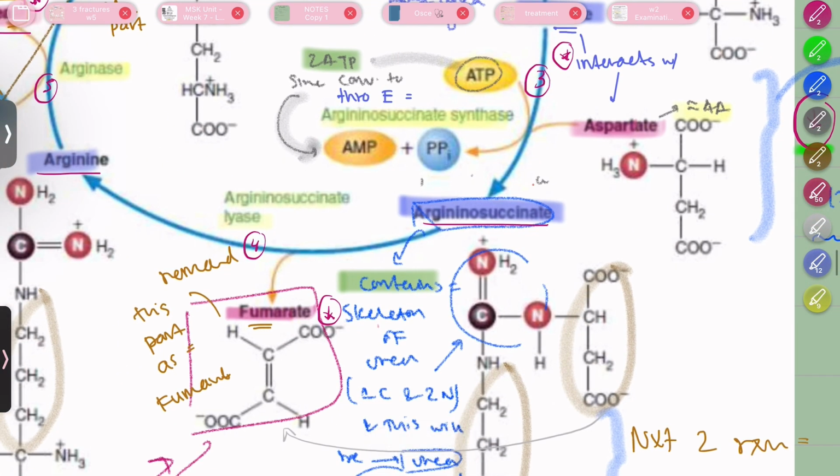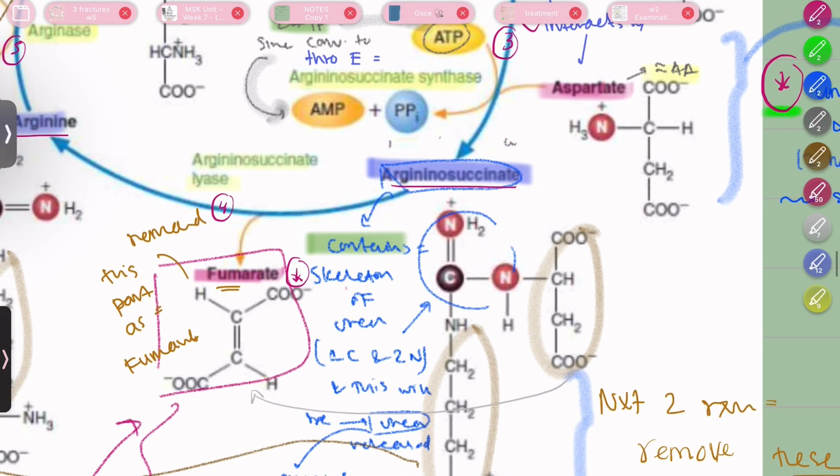Okay, now for argininosuccinate, by now we have the other nitrogen incorporated, which was from aspartate. So now we can notice that the second source of the nitrogen, which is a part of the urea cycle, is formed by the aspartate when it gets incorporated.